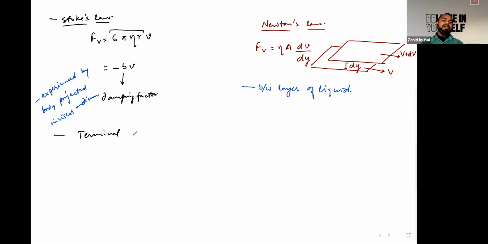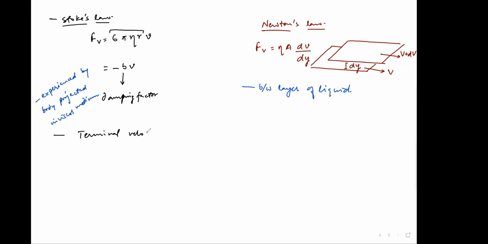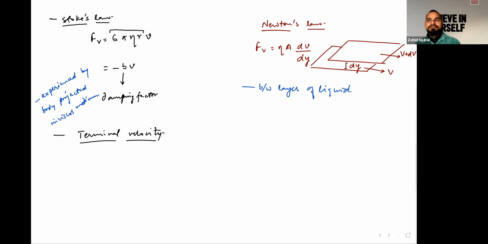Can you explain the diagram again? Let's say this is a layer of liquid and this is the adjacent layer of liquid. According to Newton, the flow of liquid will always be in a layer by layer structure. This is one layer, this is adjacent to it, and further adjacent to it, and so on.